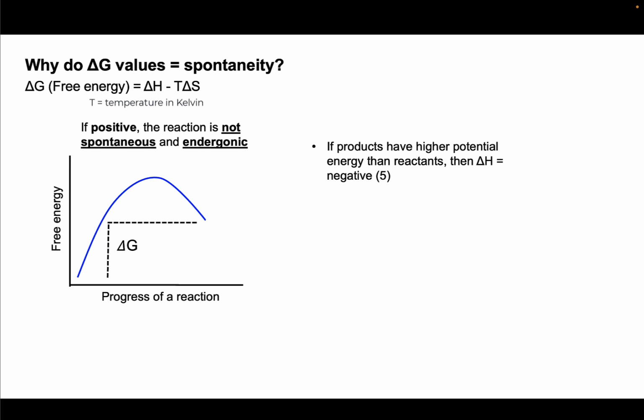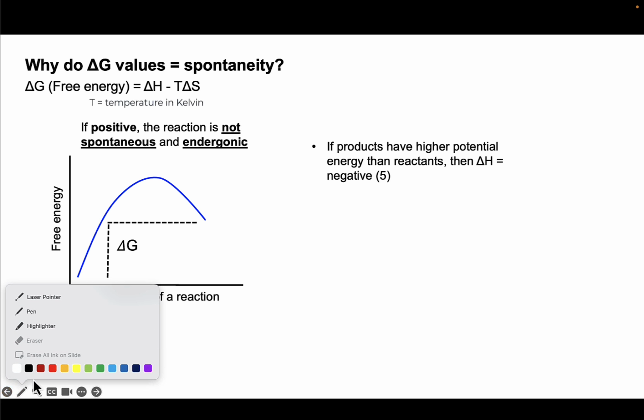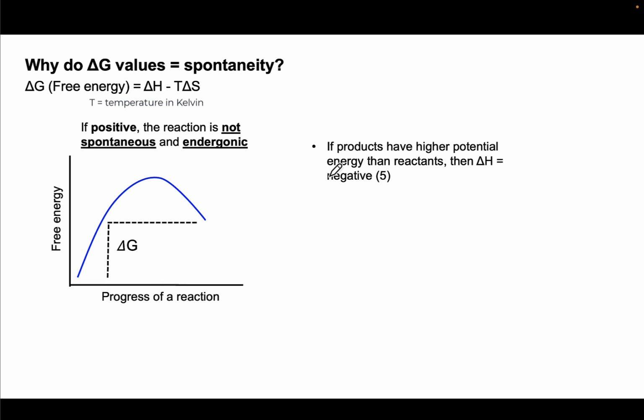But let's take a look at these positive delta G reactions. In these reactions, the reactants actually have the lower potential energy, and so the delta H should say positive. Let me just correct that. So the delta H is positive. If the reactants are less ordered than the products, then the delta S is negative.